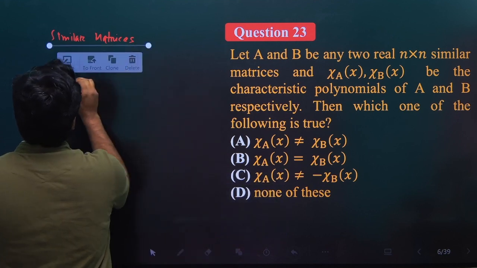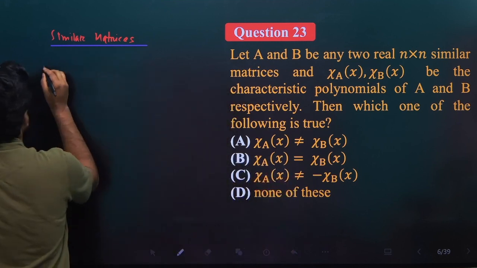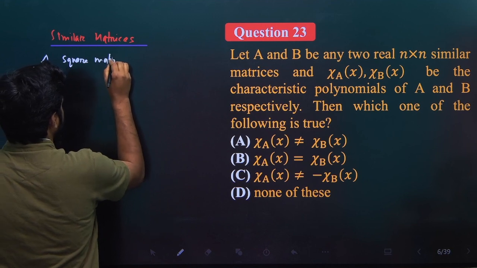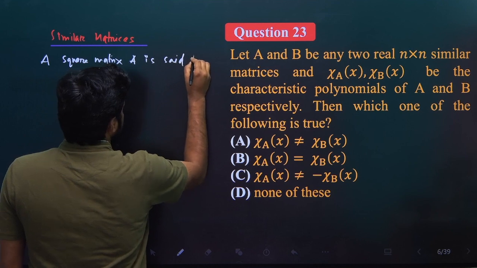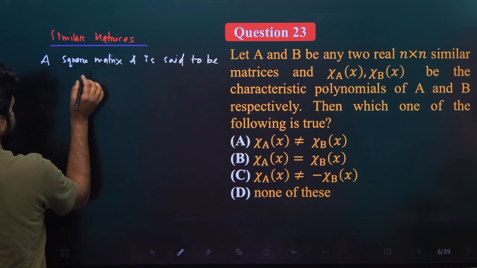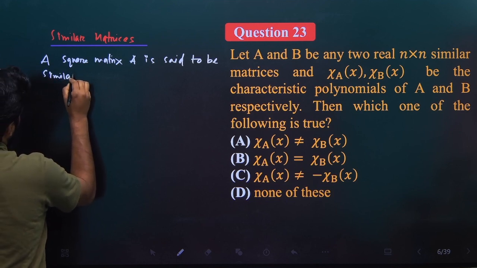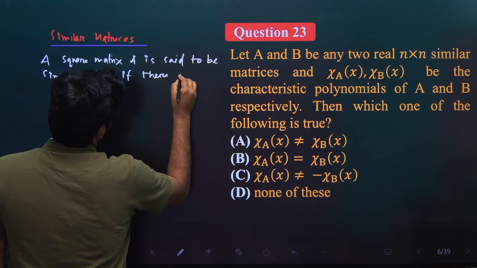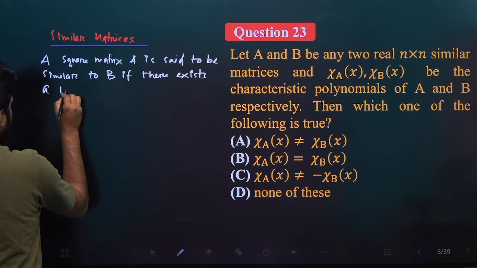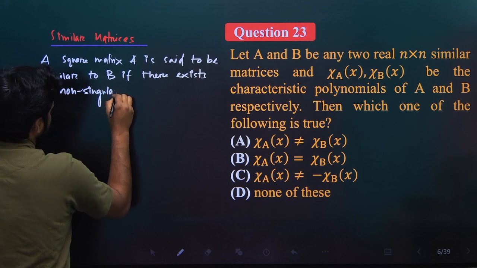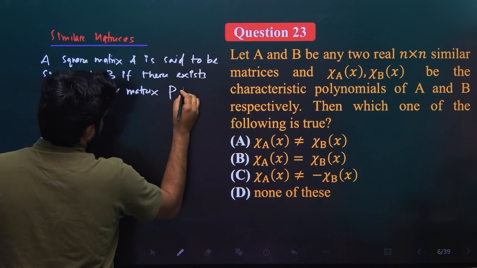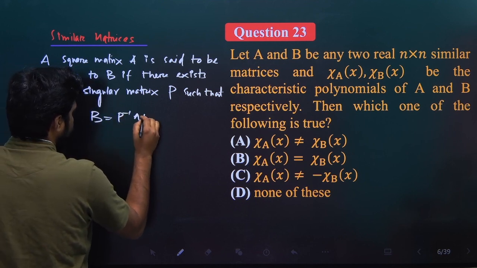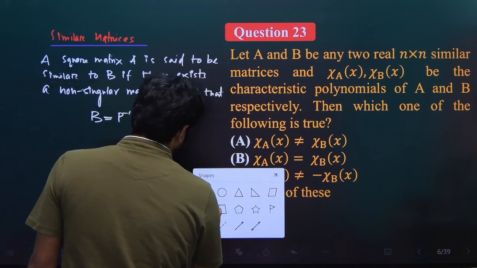A square matrix A, just note this definition, is said to be similar to B if there exists a non-singular matrix P such that B is equal to P inverse AP.